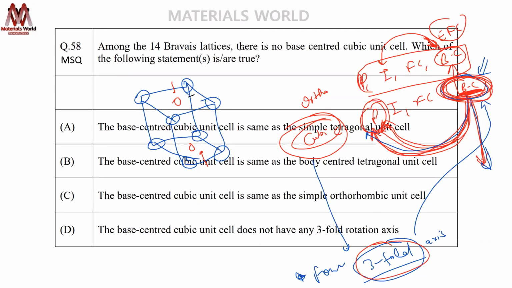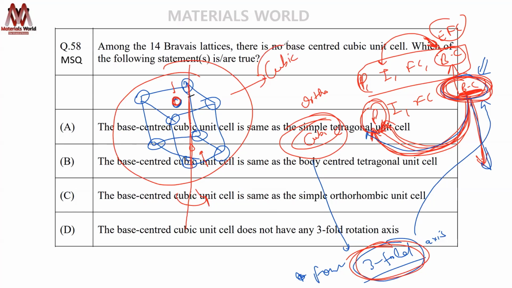But what happens actually is, by adding these 2 extra atoms, even though it's repeating the structure of simple, it is violating the fundamental threefold diagonal symmetric axis. You will never get a threefold symmetric axis. That is why this base centered cannot be considered a lattice of the cubic crystal system, because the criterion for being a member of the cubic crystal system is that you must have the characteristic symmetry, that is threefold symmetry.